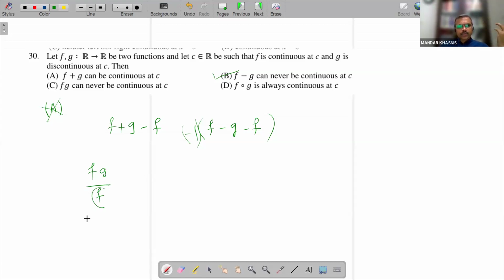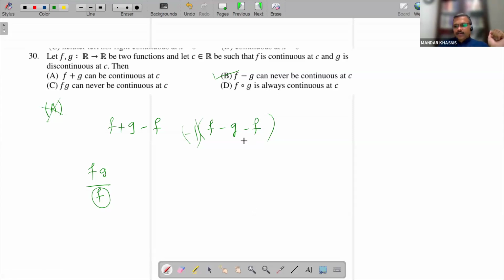But for that I need F to be non-zero, and that is not given. So you can't say this. FG can be continuous; I'll take F equal to the 0 function, then F into G will be continuous. Composite, of course, you can't guarantee. If F compose G is always continuous, that you can't say. It may be continuous, but not always.